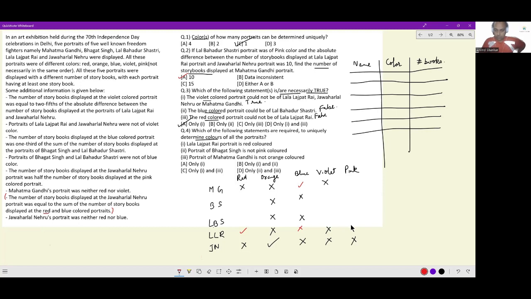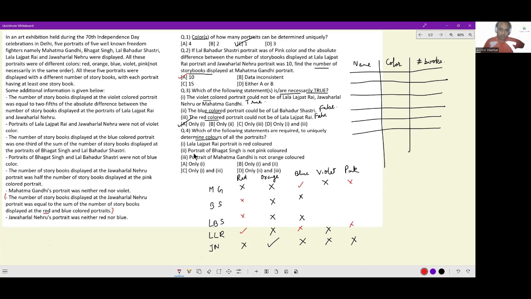This becomes blue. This becomes crossed out. This becomes crossed out. And this becomes crossed out. And this becomes crossed out. So statement 1 in isolation only leaves me in limbo about Bhagat Singh and Lal Bahadur Shastri. But for the other three, I'm able to figure it out.